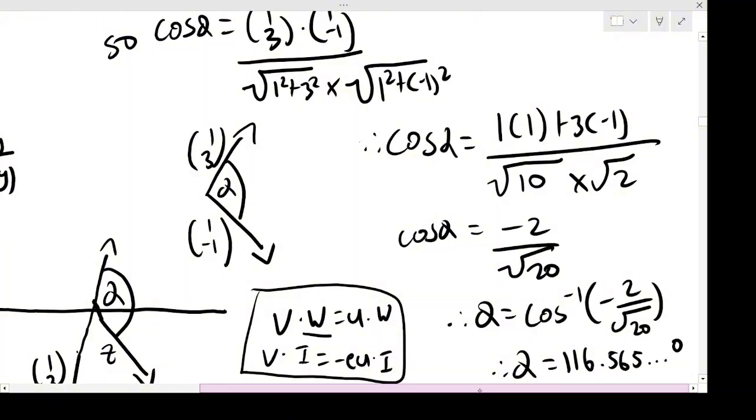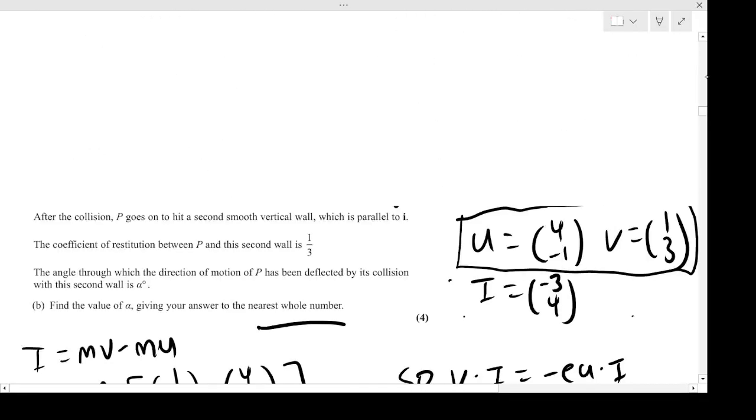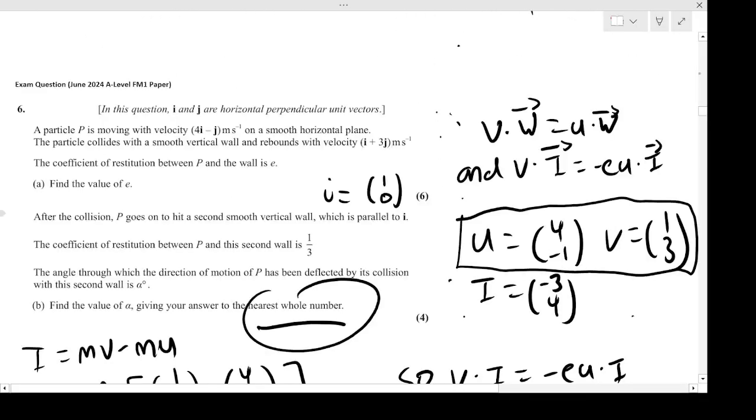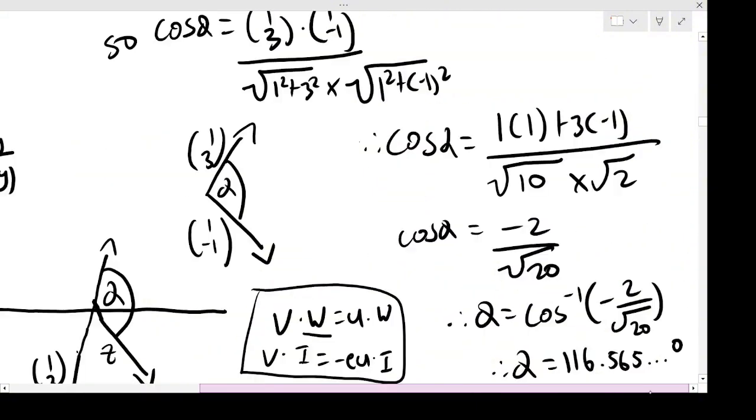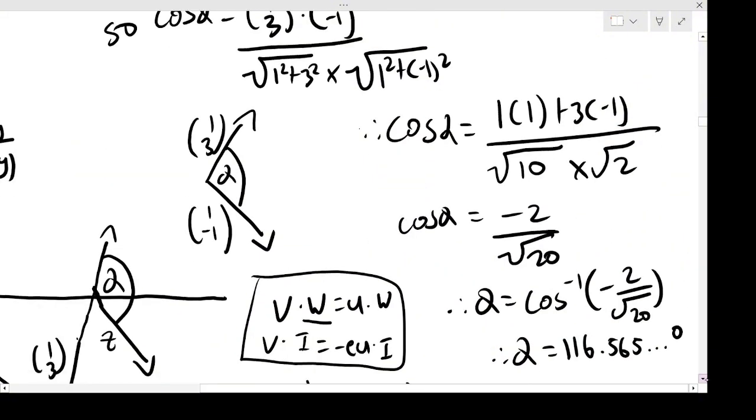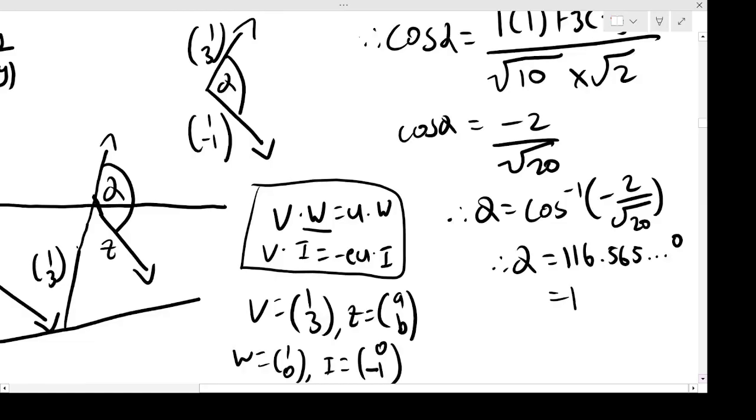And there we are. Now, what did the question want me to do? It wanted me to round it to the nearest whole number. So if I look at my answer and round it to the nearest whole number, it's going to go to 117. Okay, and that is my answer for alpha there.